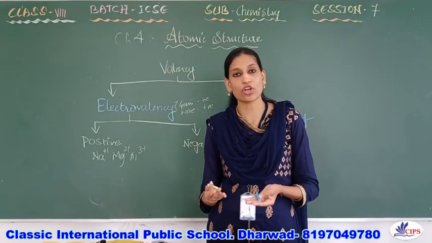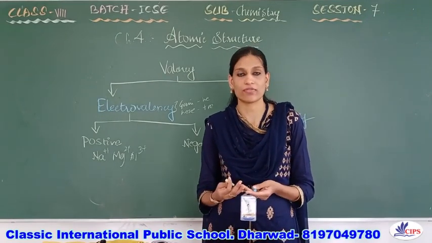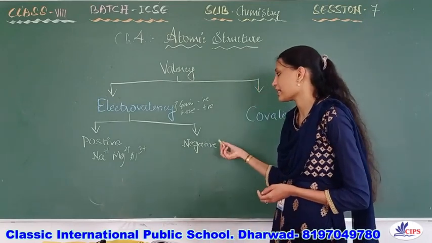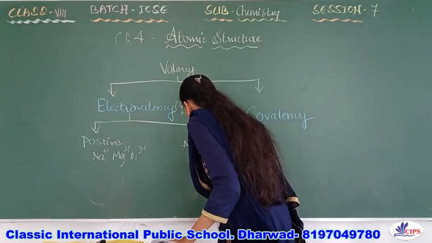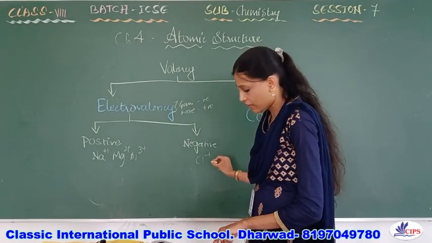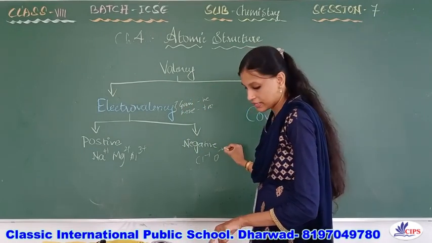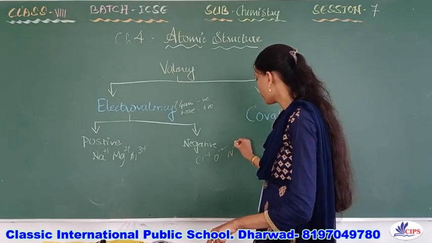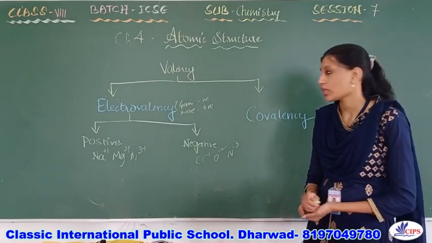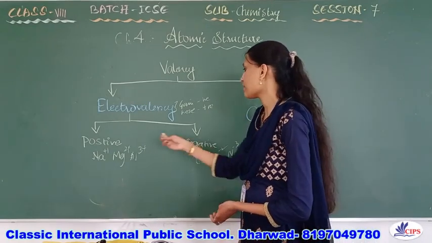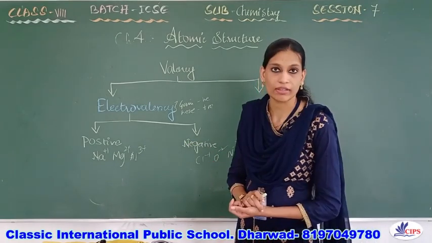There comes a charge on them and that determines its valency. For example, we have chlorine 1 minus, then we have oxygen 2 minus, say nitrogen 3 minus. So this is about electrovalency, positive electrovalency and negative electrovalency.